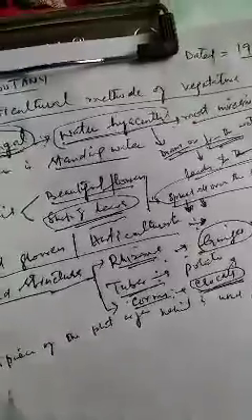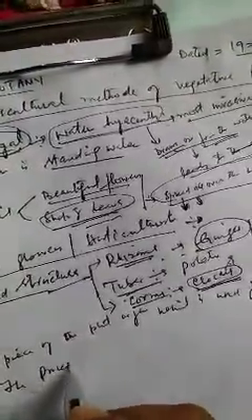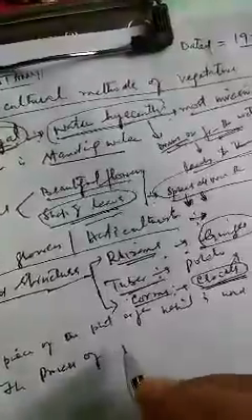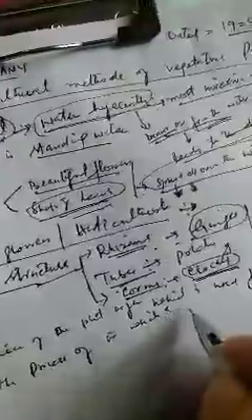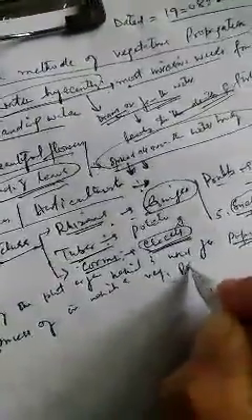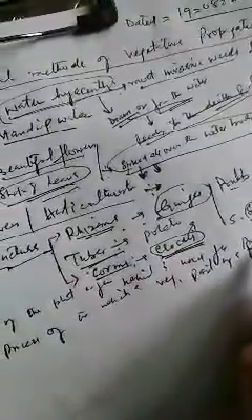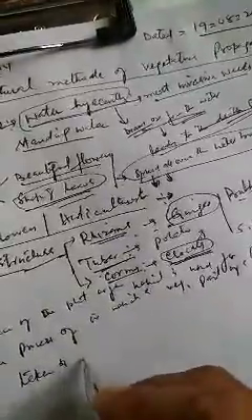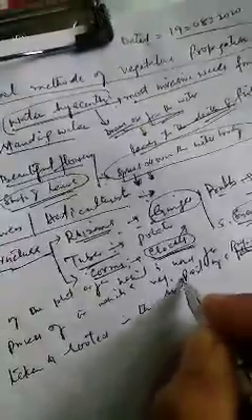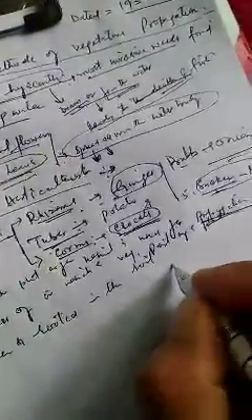And the process of vegetative propagation, in which a vegetative part of a plant is taken and rooted in the soil to form a new plant.